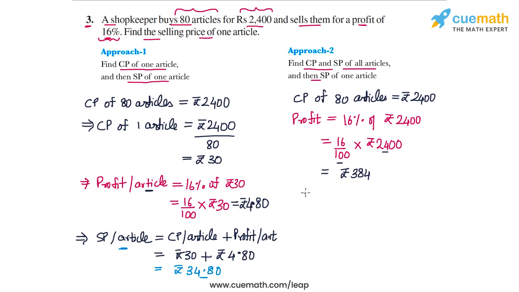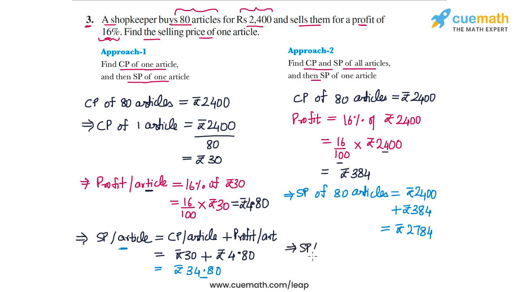This means that the total selling price of 80 articles will be rupees 2400, the cost price, plus rupees 384, which is the profit. So rupees 2400 plus 384 is rupees 2784. So this is the selling price of 80 articles, and from here we can find the selling price per article.